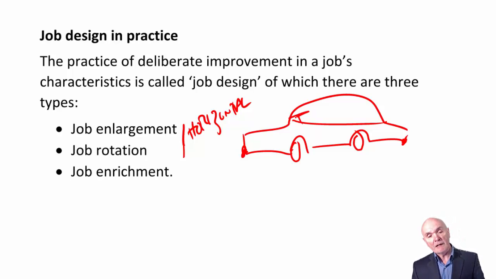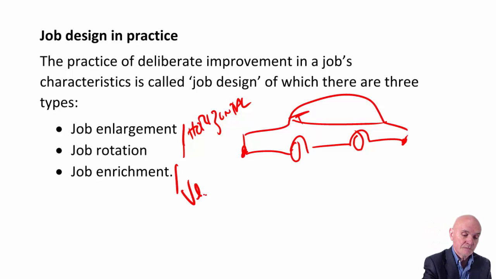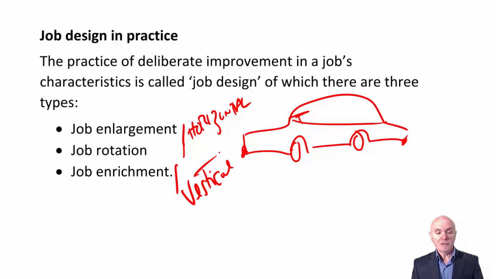Job enrichment really is then what's called a vertical change. Try to actually introduce more responsibility and more skills into this. And within the context of a car factory, you might say to somebody, right, your job is putting on wheels, but as the car comes past you, I want you to look at the paintwork.